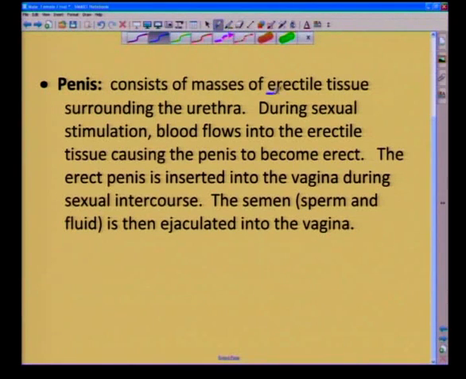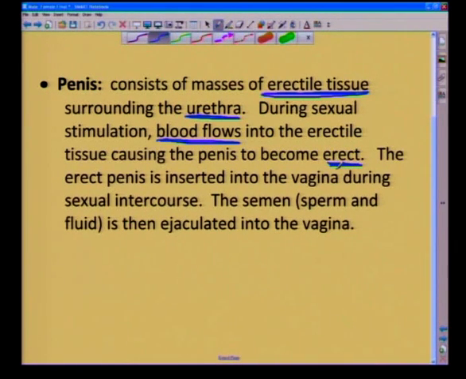All right, so what does it have? It has erectile tissue, and that erectile tissue surrounds the urethra, which is the tube through which the sperm are going to come. During sexual stimulation, as I've explained to you, you're going to have an incredible blood flow because there are a lot of blood vessels into the erectile tissue, causing the penis to become erect.